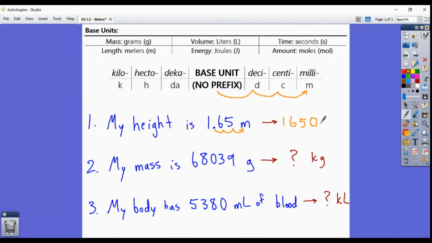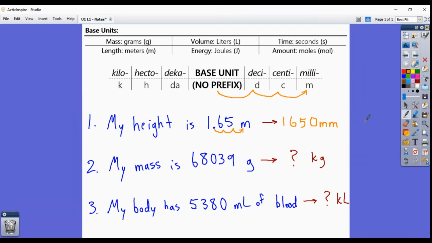I'm going to do my best to write with a mouse. Millimeters. Okay, now that's a bigger number. Does that mean that I got taller? I wish. But no, it's just a different way of writing this same measurement. So whether I say I'm 1.65 meters or I'm 1,650 millimeters, it's the same length.